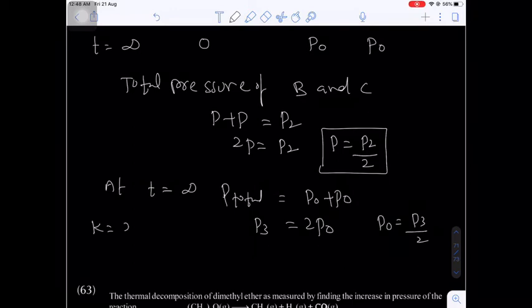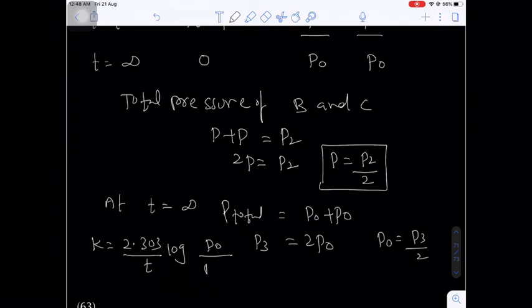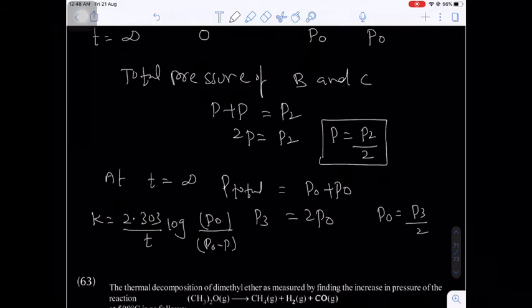Now what is the K value? K is equal to 2.303 by T log of the initial partial pressure of the reactant P0 divided by the partial pressure of the reactant at a certain time, P0 minus P. If you replace the P0 and P values in this expression, you finally get the K value: 2.303 by T logarithm of P3 divided by P3 minus P2.